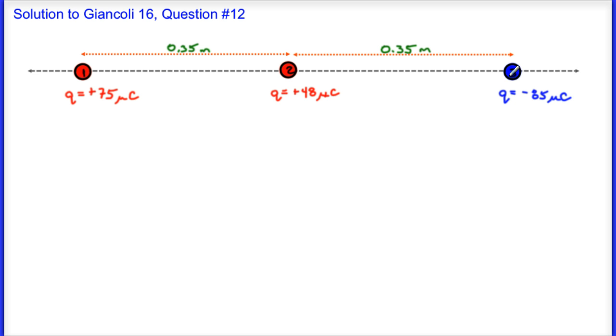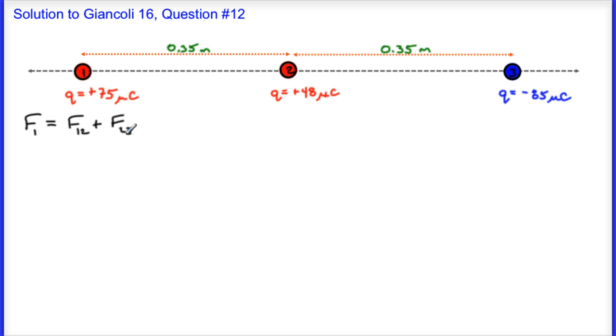And I'll recognize that the net force on charge number 1 is going to be equal to the charge interactions from the interactions between 1 and 2, which we'll recognize is going to be to the left or negative, and the force due to the charge interactions between 2 and 3 are going to be positive.